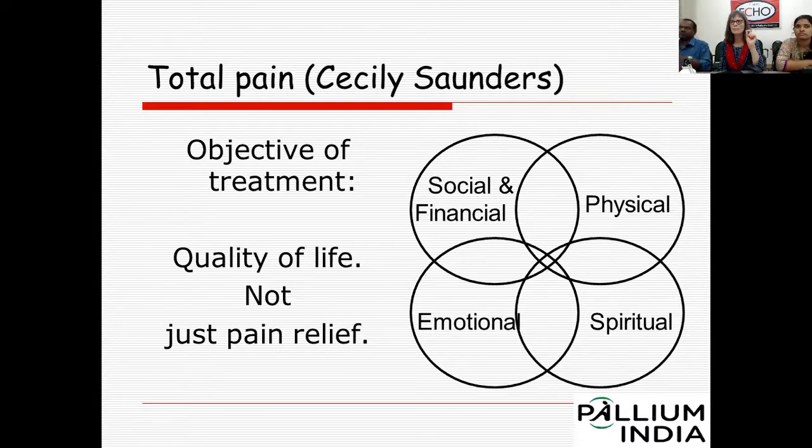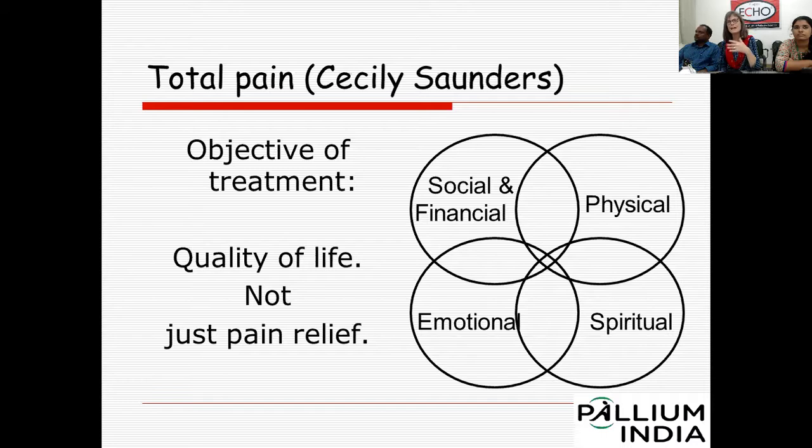One of the most exciting parts of Cicely Saunders' legacy, she died several years ago, is that when she addressed total pain, her doses of pain medicines, especially opioids, were very low in her hospice because she treated all the other kinds of pain.